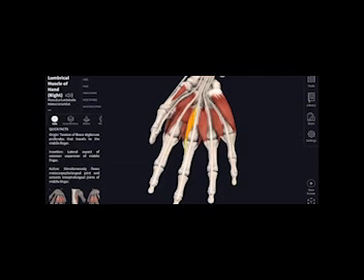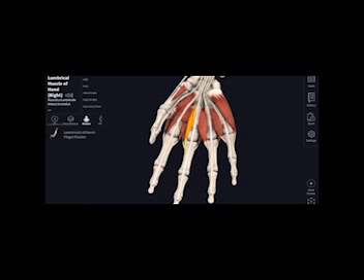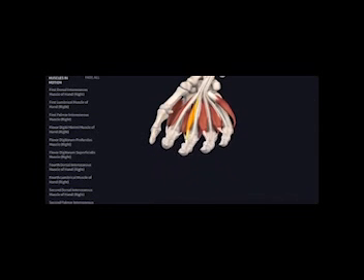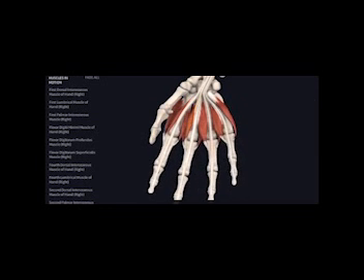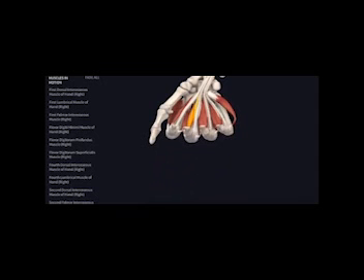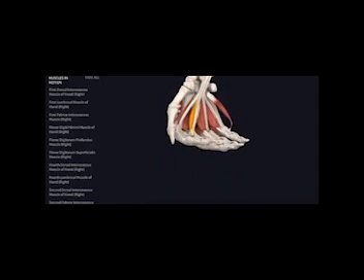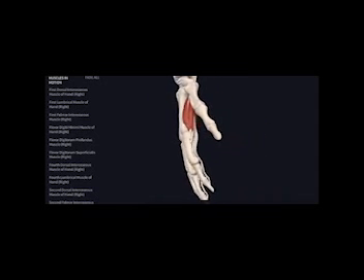What they do is flex at the MCP joint, as you can see in this movement here. As the lumbrical contracts, it creates this flexion at the MCP joint, at the knuckle.